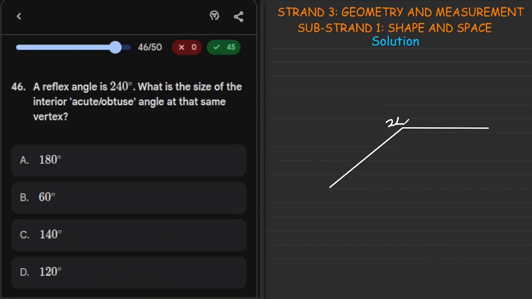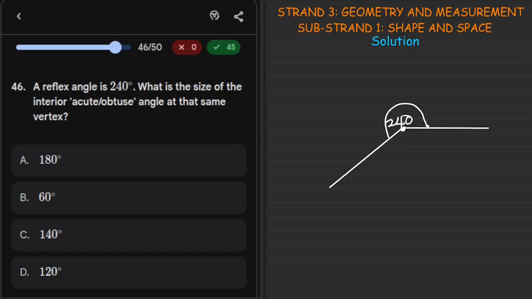So in this case, that becomes the exterior, but then this here becomes the interior one. So what do we need to add to it? You see, because they are having the same vertex, the sum of these two gives us what?